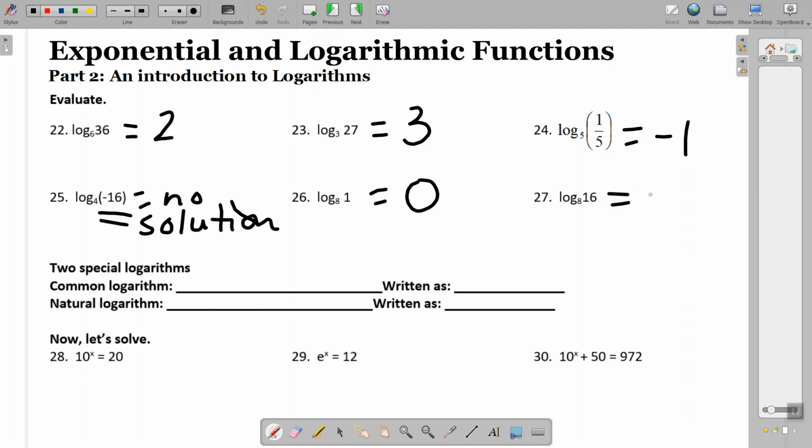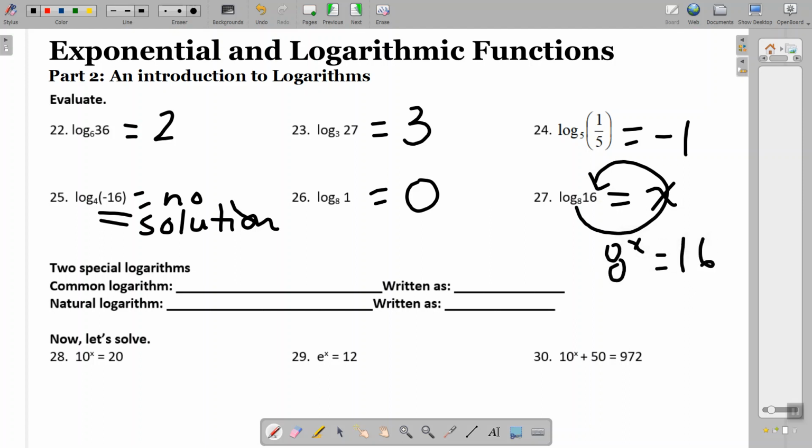Here's a strategy you can use if there's any of these that you cannot solve in your head. Say log base 8 of 16 equals some power that I don't know. If we rewrite it in exponential form, it would be 8 to the x equals 16.